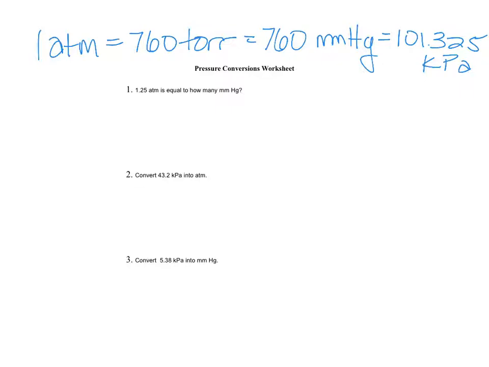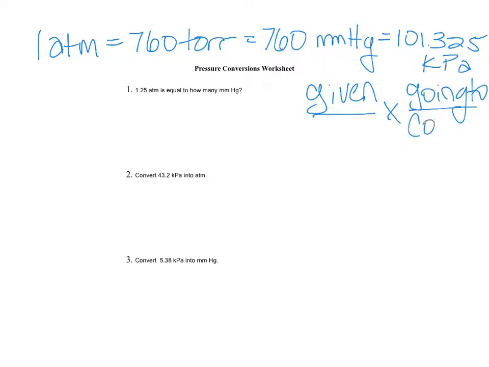Now we've talked about our conversion factors from the beginning of the year. We have, right, setting it up, how we're going to do our problem. This is always going to be what you are given in the equation. This is what you are going to. And this is what you are coming from.